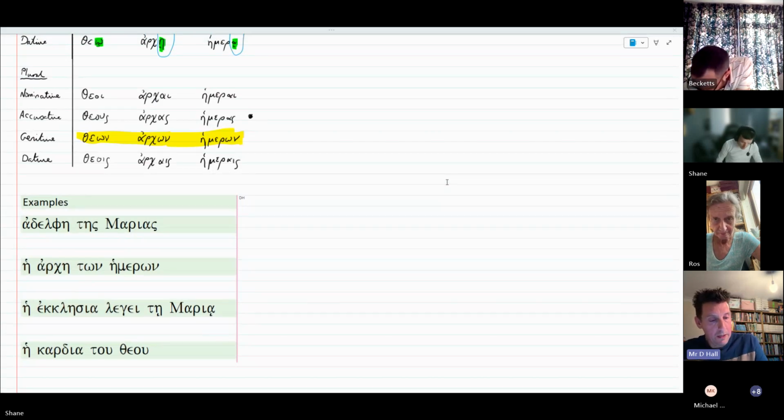So we have Adelphe tes Marias. Okay. So we are dealing with some feminine nouns now. And what we just need to do is to do our usual thing is to try and work out from an ending which case we're in. Okay. So here we have a nominative case. So the first word Adelphe is in the nominative case.